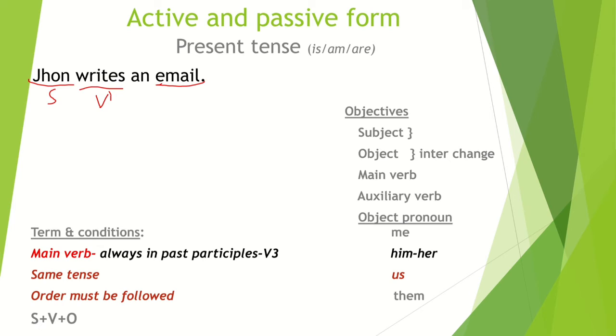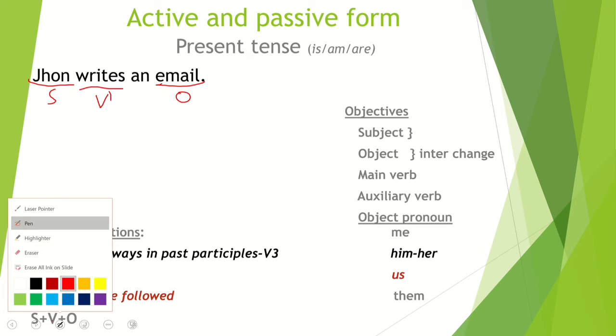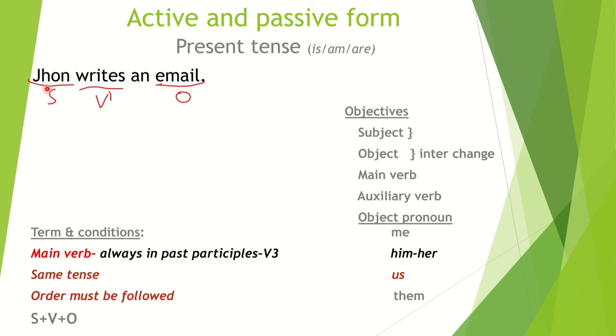Okay, so here subject is John. Okay, so what is subject? Let me clear you. Okay, subject is who is doing the action. Now, who is doing the action over here? John is doing the action over here.